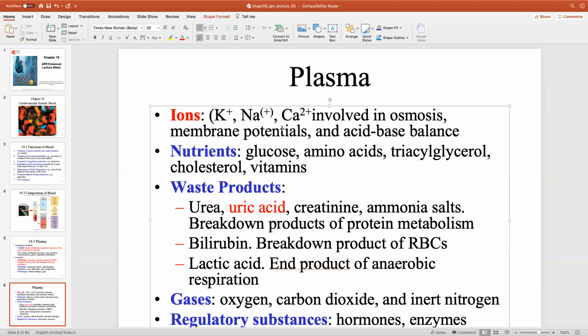And that's what we normally see, right? In our plasma, all of the solutes combined, all of the sodium, potassium, glucose, bicarbonate, all of the urea, all of the uric acid, all of the amino acids, all of the albumins, all of the solutes combined creates an equilibrium of 300 milligrams per deciliter blood.